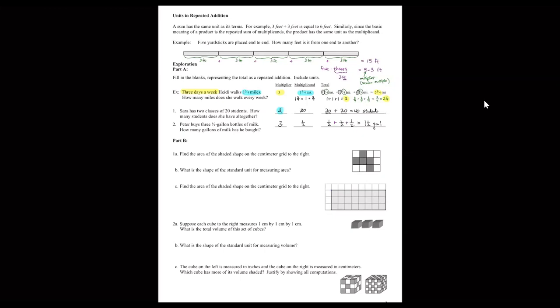Now, the second part here, find the area, right? It's a centimeter grid, right? So each box is worth 1 square centimeter. So when I say a centimeter grid, each box is 1 square centimeter.